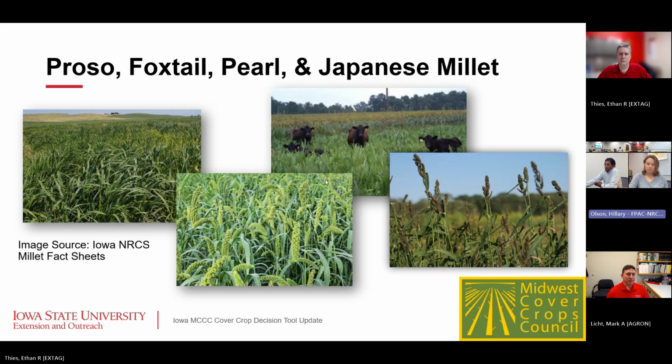Another advantage with Japanese millet is that it can be good for grazing purposes, and it also demonstrated really good weed suppression in the summer, for the next cash crop that follows in the rotation. So that's one of the advantages of using Japanese millet as a cover crop.